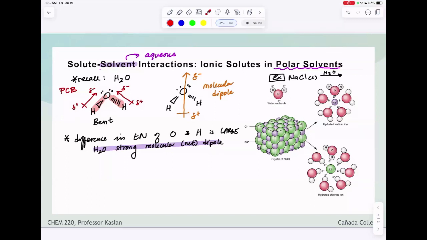So what's going on in terms of the interaction between water and these ions in the crystal of sodium chloride that allows sodium chloride to be dissolved? So let's write out what's happening. So as shown in the diagram, we see, and we know from experience, that if you were to take a crystal of sodium chloride and add it to water, you would in fact generate ions of sodium and chloride, which are now separated, meaning their ionic bonds have been broken.